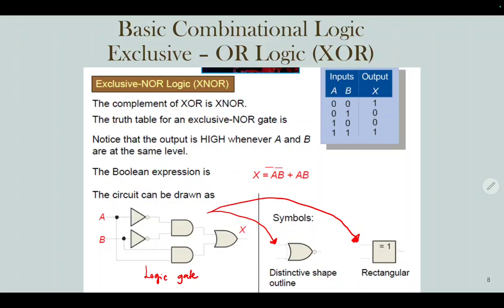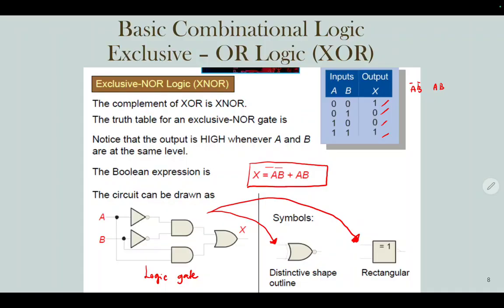Then you can have 2 shape symbols that represent the same thing. So for the XOR, the output will be X equals A bar B bar plus AB. So you can verify how you get 1 0 0 1 for the inputs 0 0, 0 1, 1 0, 1 1.